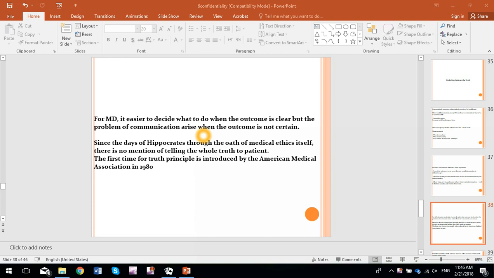Now, medicine is the science of probability. So nobody is 100% certain of what goes on, even regarding the provisional diagnosis or the outcome of any medical treatment. And this is where the problem of communication arises, when you don't have all the information related to the disease, diagnosis, or the outcome of the treatment.